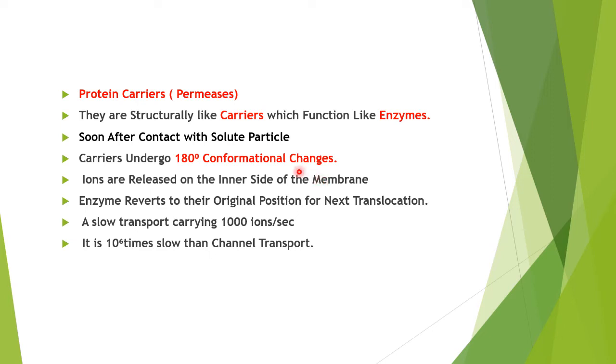When the substrate comes in contact with the enzyme, there's a conformational change in the enzyme, so it rotates and carries it to the inside. The enzyme reverts to its original position for the next translocation after releasing it to the inner side. It's a slow transport carrying 100 ions per second. It is 10⁶ times slower than channel transport. So that means channel transport is quicker than protein carrier transport.